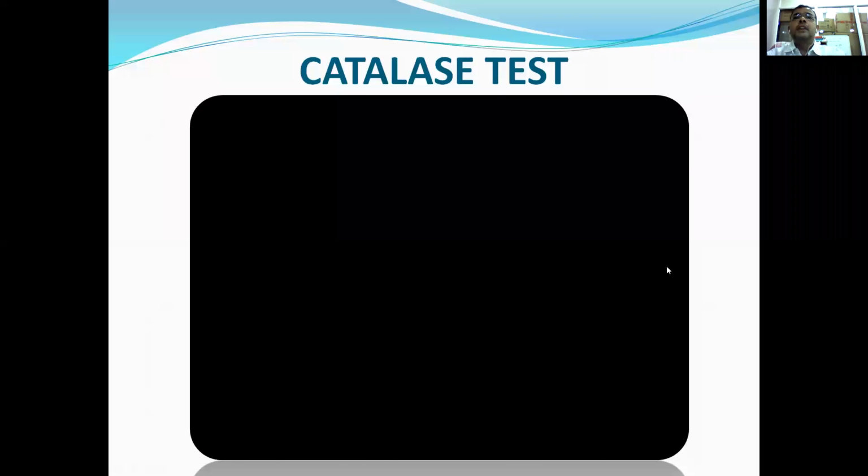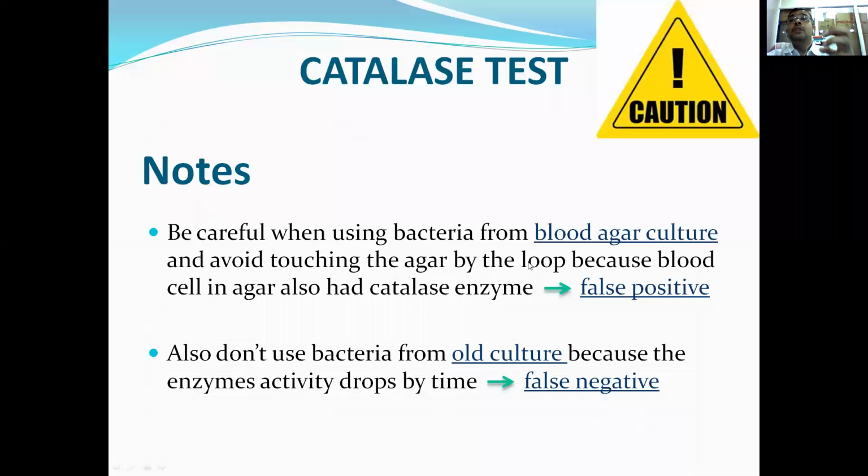Now moving to the next, you need to take some precautions while performing this test. The first is to try to avoid performing this test using blood agar. Even if you need to perform this test from blood agar, try to avoid taking the agar, because blood contains these enzymes by default, and if you pick up the agar while taking the colony, that will give a false positive result.